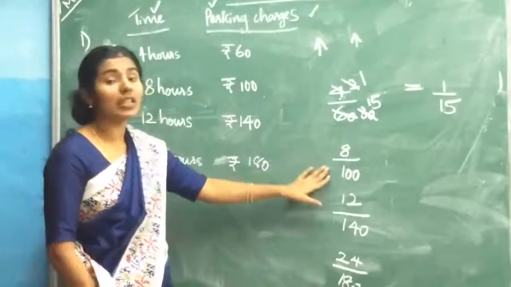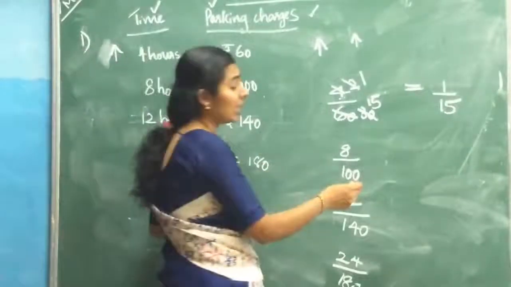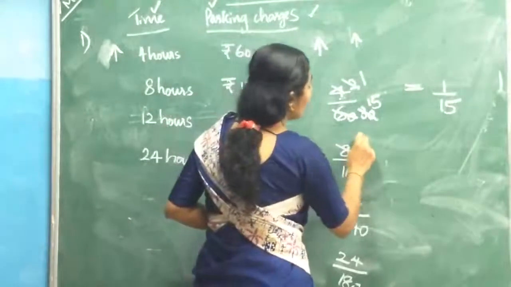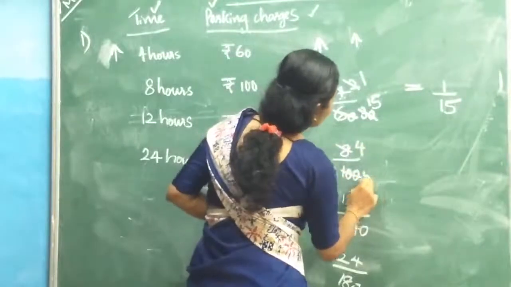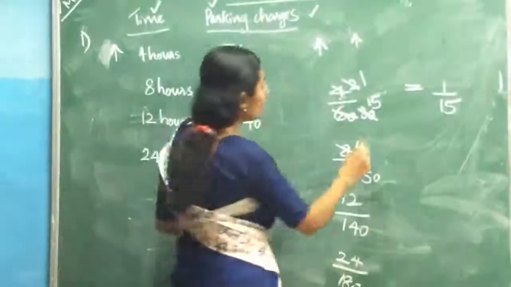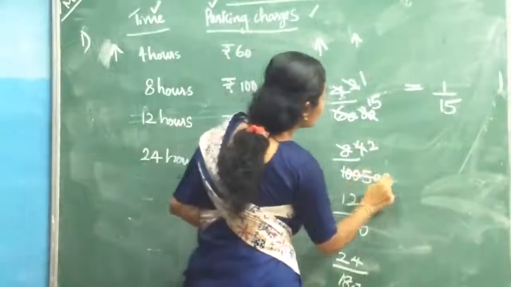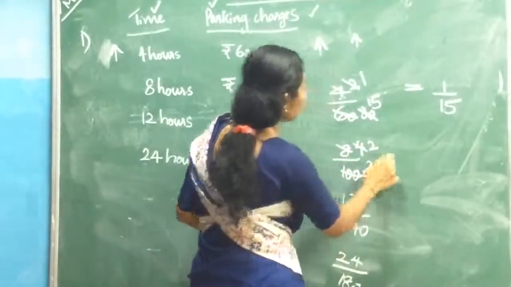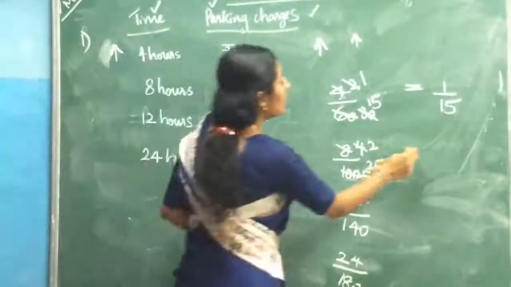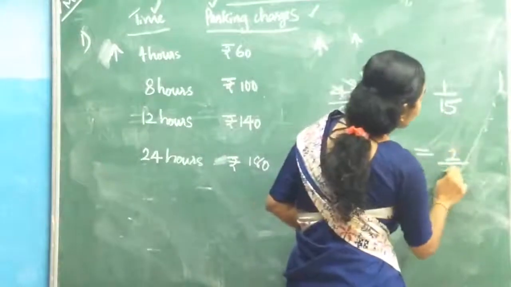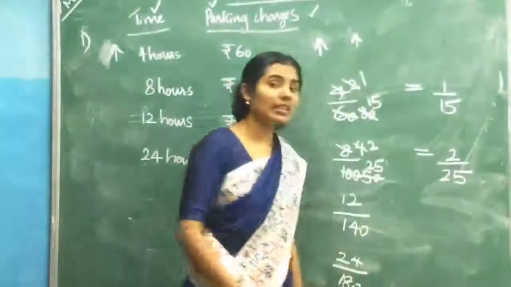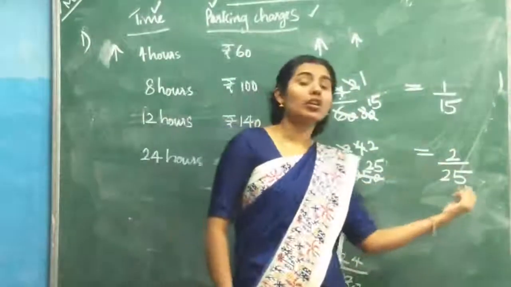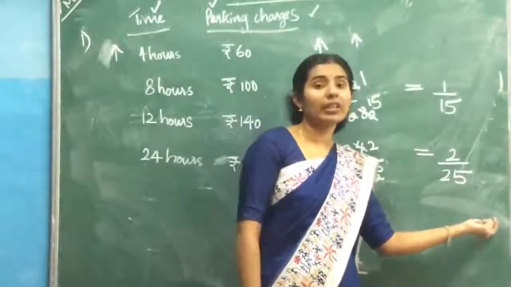Now we see the second ratio. What is that? 8 by 100. Cancelling, 2 fours are 8, 2 fifties are 100. Again you cancel it, 2 twos are 4, 2 twenty-fives are 50. See, 2 and 25 you can't cancel now. What is the reason? Because both are not in the same multiplication table.